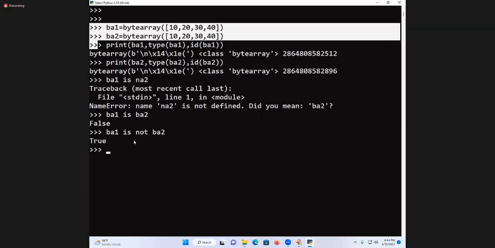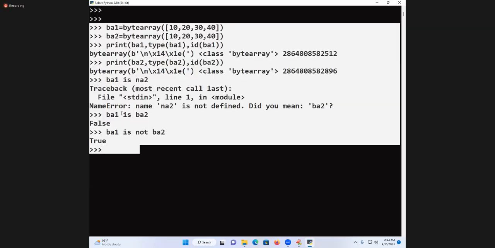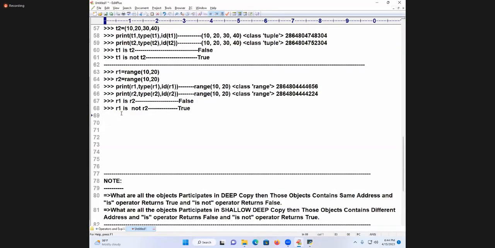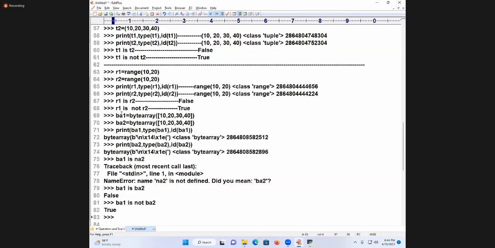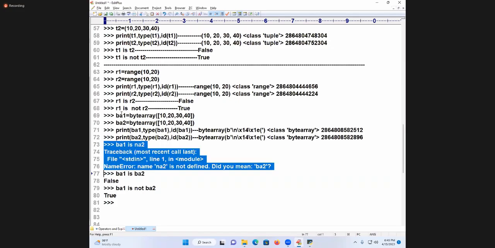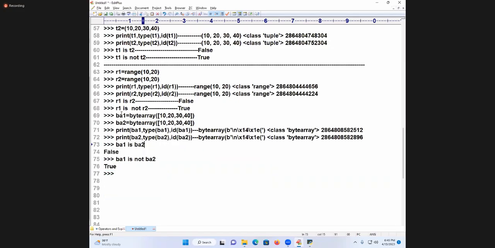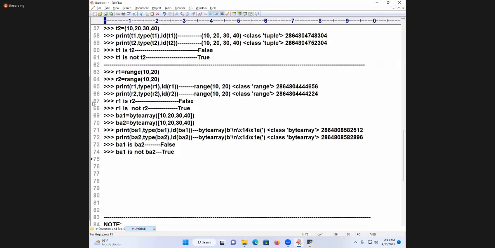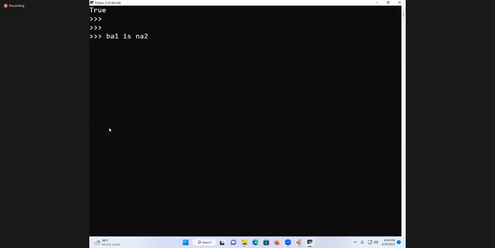BA1 is not BA2, true. So I will take this and paste it here. Range related address is like this. Up to a few things you can be relaxed. After that, actual things will start. So here, see students, careful. Now I am going to enter into the next one, bytes.